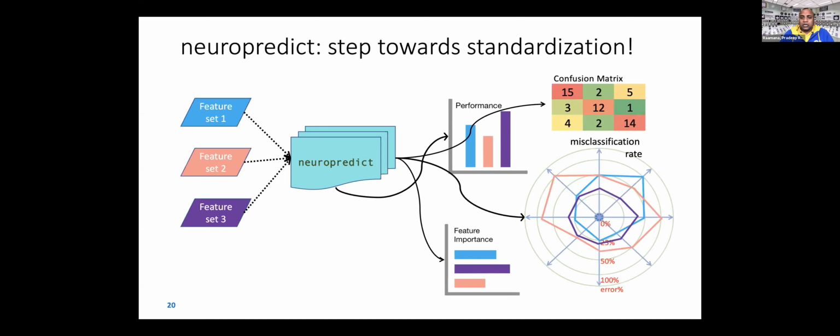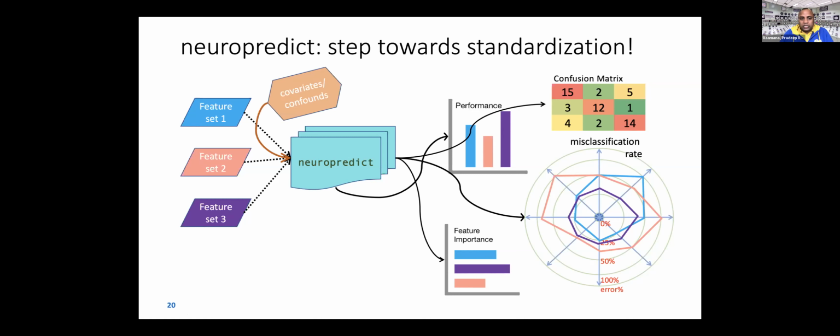It evaluates not just performance in terms of accuracy and AUC, but also many other important things in terms of biomarkers, such as where the biomarker makes mistakes, for example, the misclassification rate, confusion matrices, which features are actually contributing to the prediction, etc.